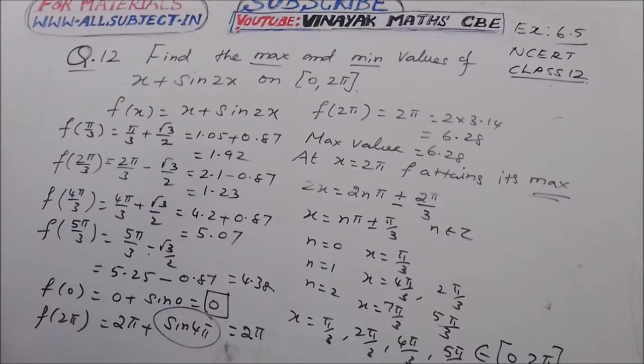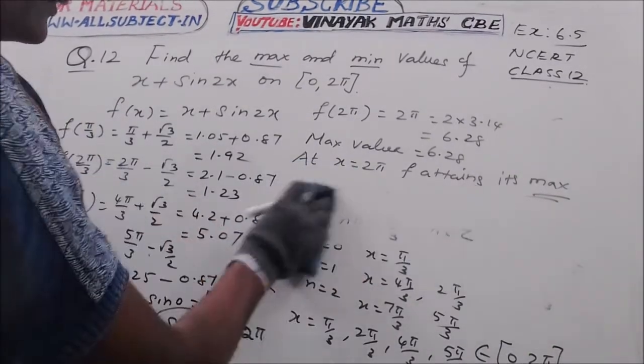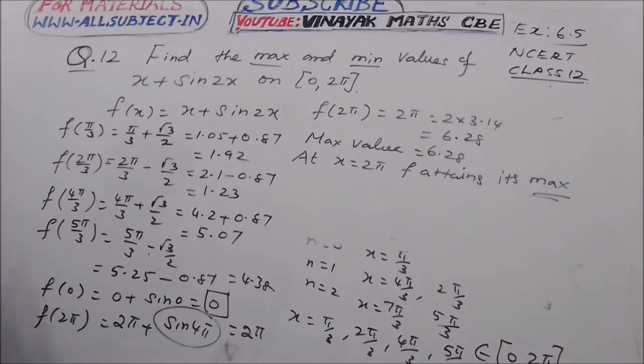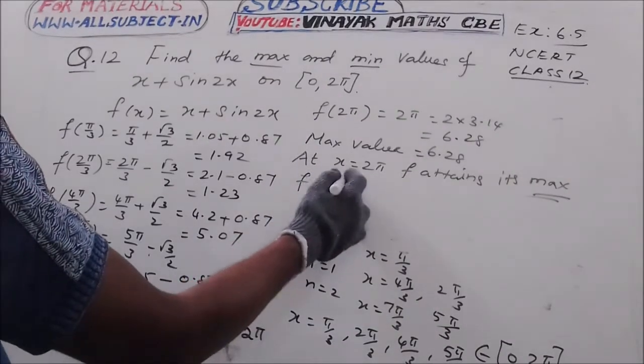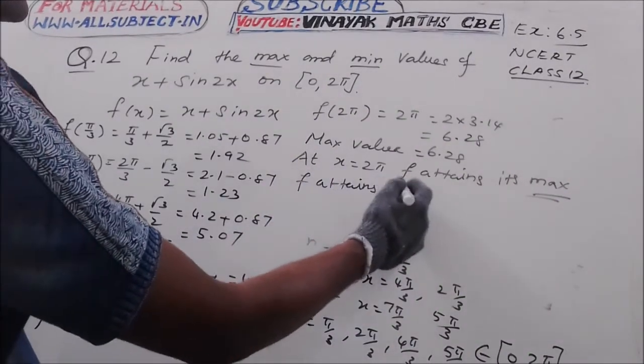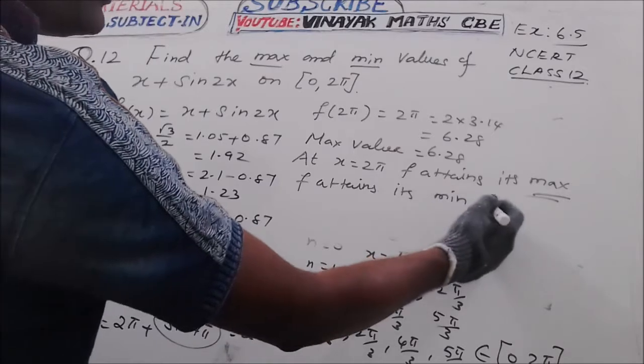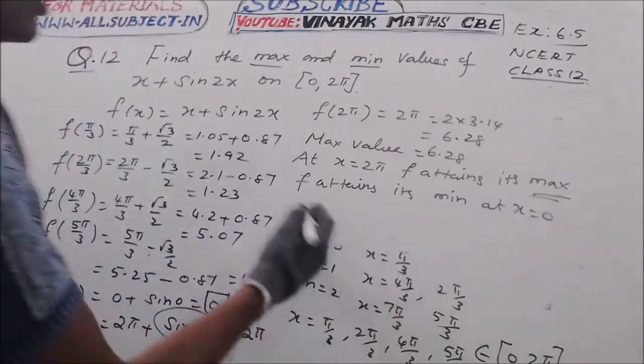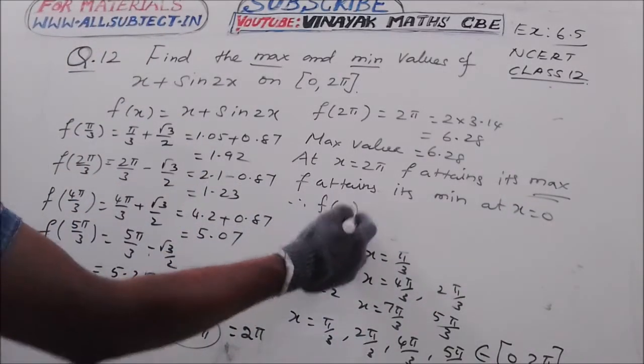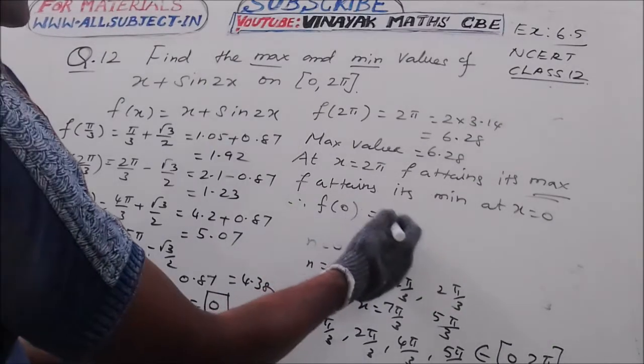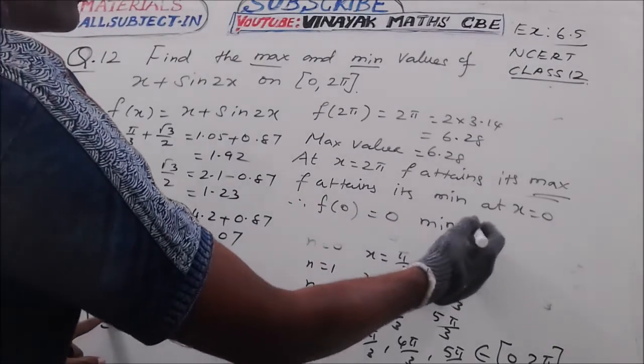So f attains its minimum at x equal to 0. Therefore, f of 0 equal to 0 is the minimum value.